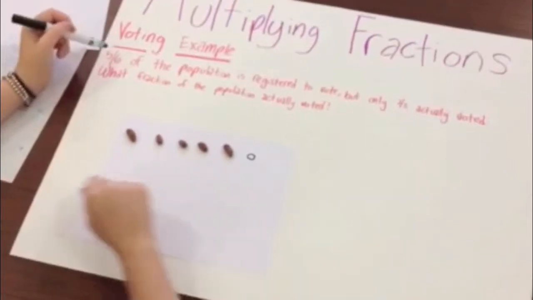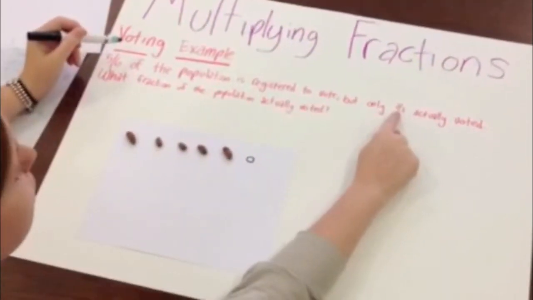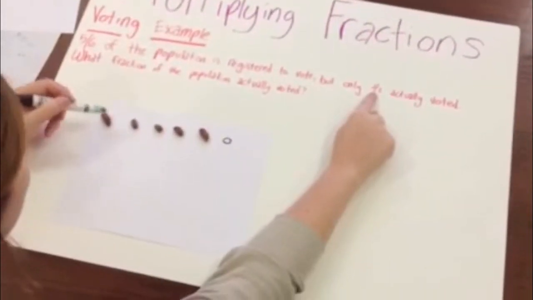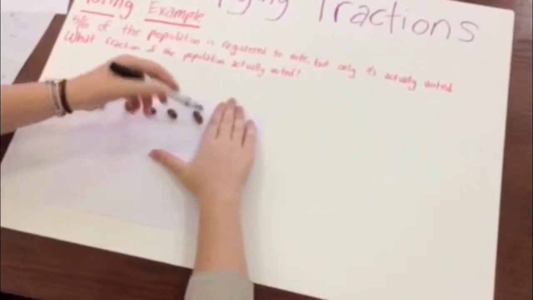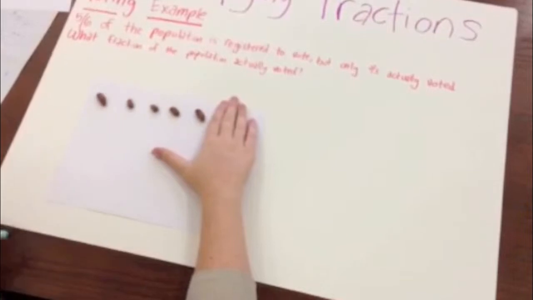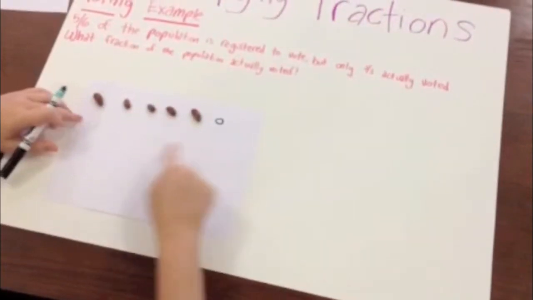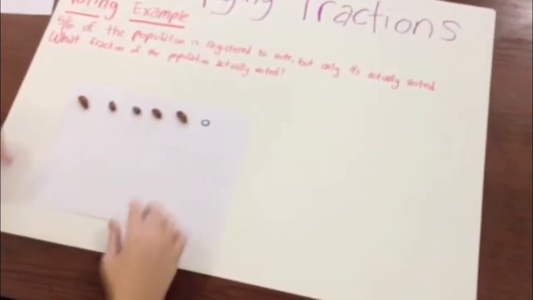So what we need to do is, we want 2/3 of these people to have voted, but we only have 5, so we don't have 3 equal groups. So we go and add 2 more groups.